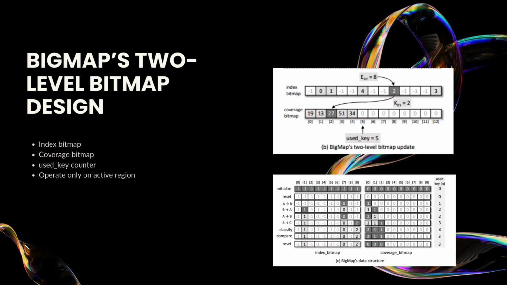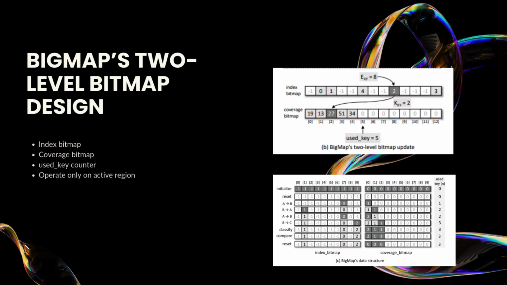This bitmap has the same size as AFL's original map. It maps edge identifiers to compact indices, and the second structure is the coverage bitmap. This bitmap stores hit counts densely and contiguously. Finally, BigMap maintains a counter called used key, which tracks how many entries in the coverage bitmap are currently active.